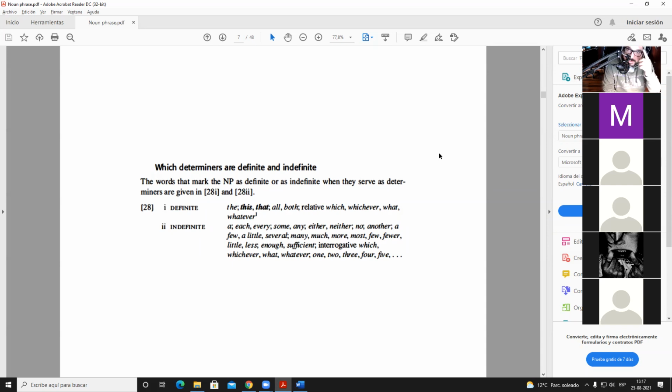You can read them. Interesting points. Take a look at this: a few, a little, right? Even though they are multi-word units, they are considered to be just one single determiner. What it means is that you can have multi-word units as determiners.